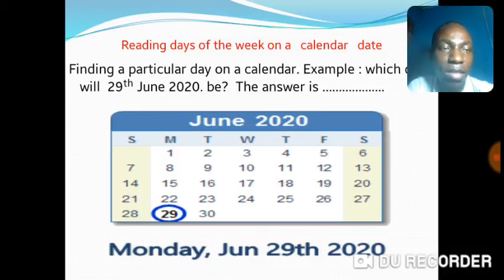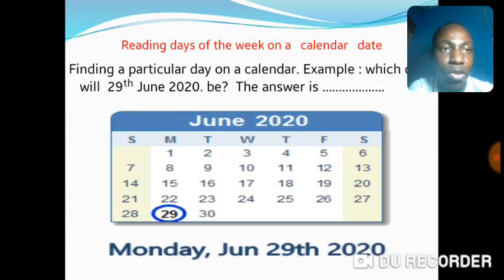Which number is that? Good. That is 29. Alright. So which day will 29 June 2020 be? What is the answer? Think about it.